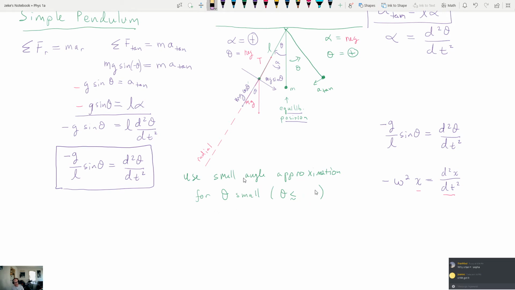So actually using 20 degrees is a bad example. 20 degrees is a small angle, right? In radians, that's 20 times pi over 180, so about 0.345 radians. That may even be too big, honestly.